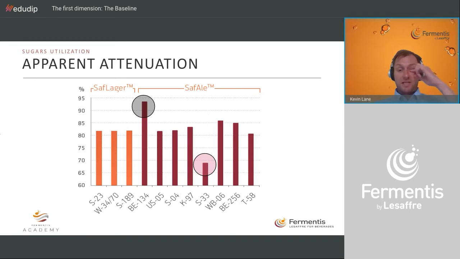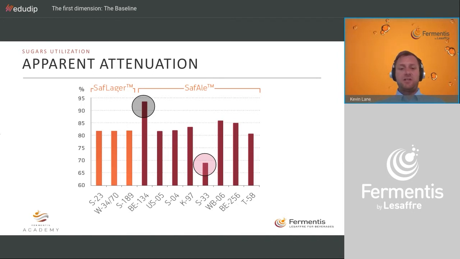Likewise, if you use more dextrin malt, the attenuation would decrease because of that complexity of dextrins that you're adding to the wort. Likewise, if you were to use enzymes, exogenous enzymes, you could alter the fermentable potential of the wort and change the attenuation completely. So I say all of that just to remind you that attenuation is just for making a selection between 1 or 2 or a few strains in the same media.